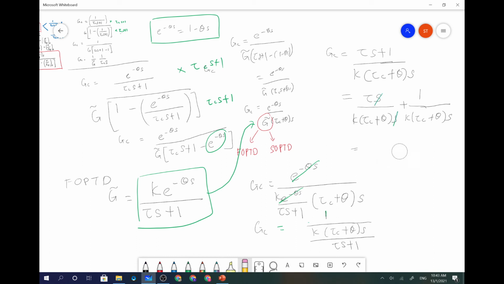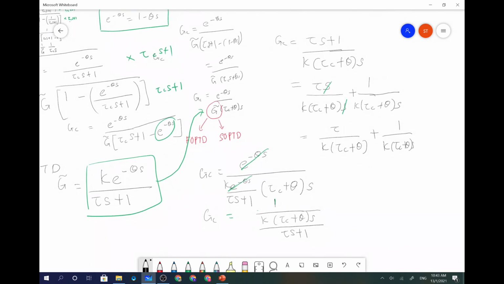Okay, so it would be tau over K tau C plus theta plus 1 over K tau C plus theta S. Okay, there is S there. When you get this equation, it is your GC, don't forget your GC.